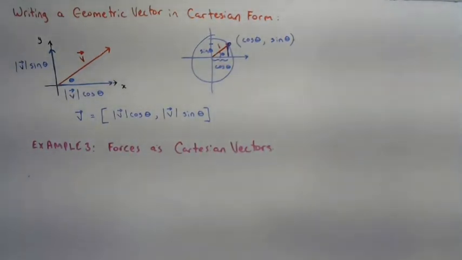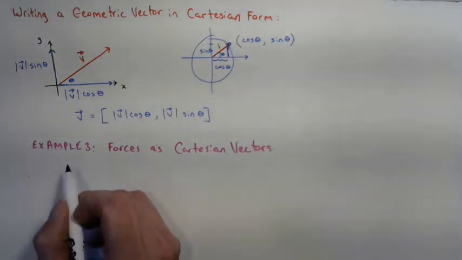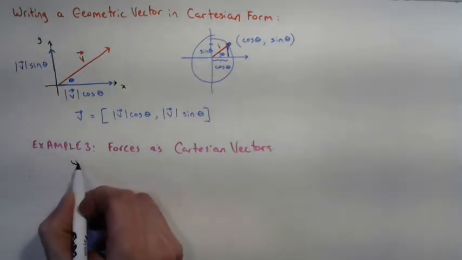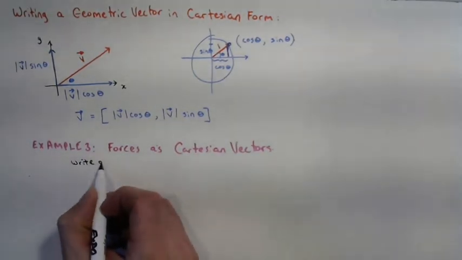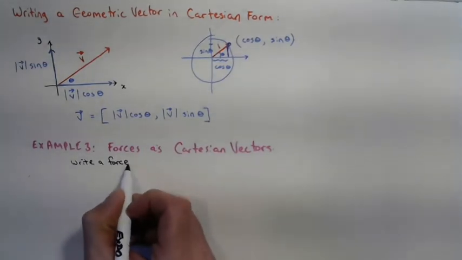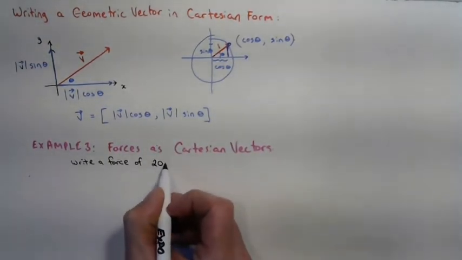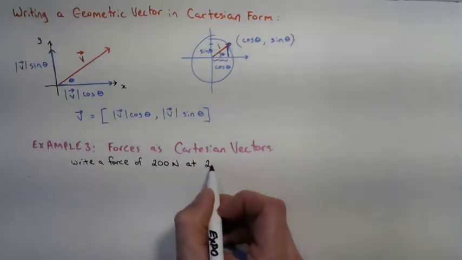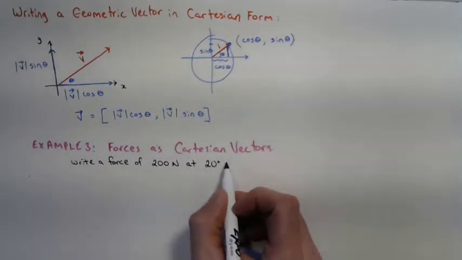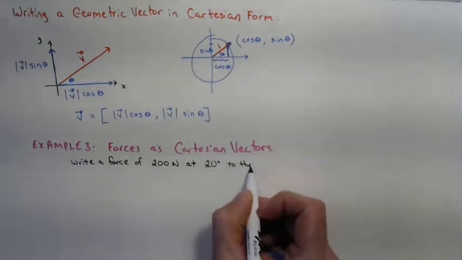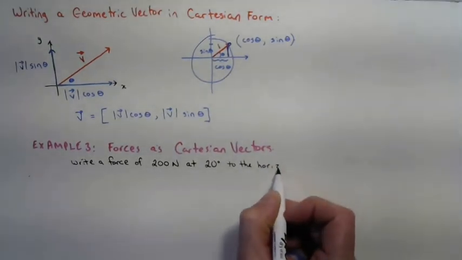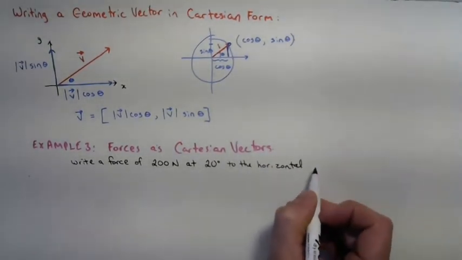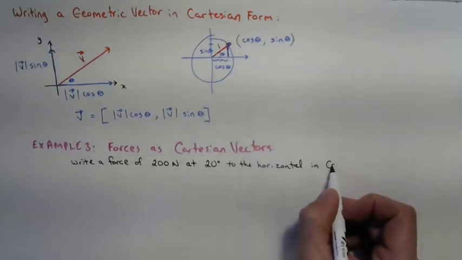So what are we told in this example? We're told that we're going to write a force of 200 newtons at 20 degrees to the horizontal in Cartesian form.